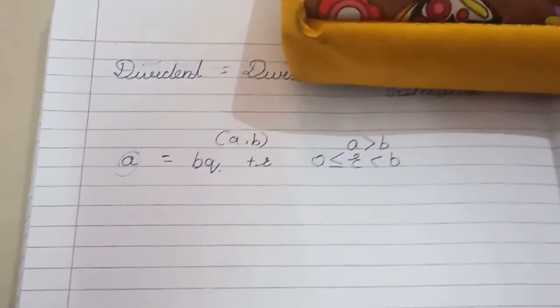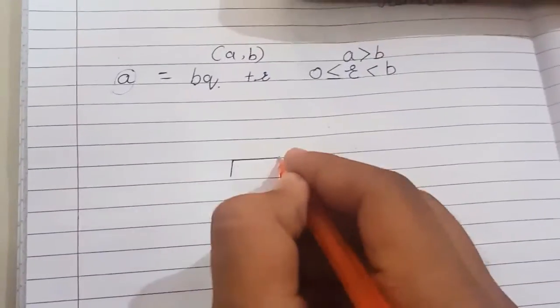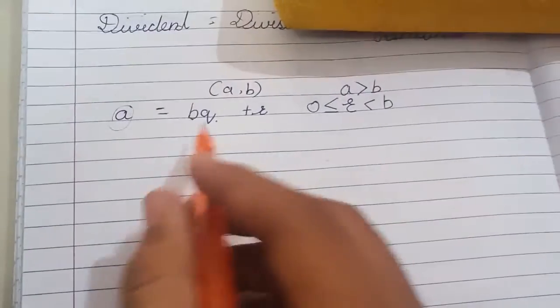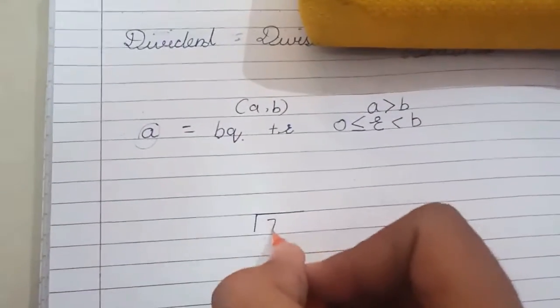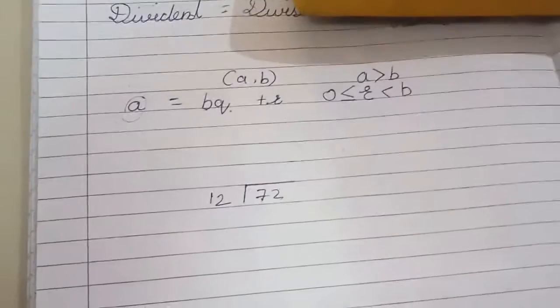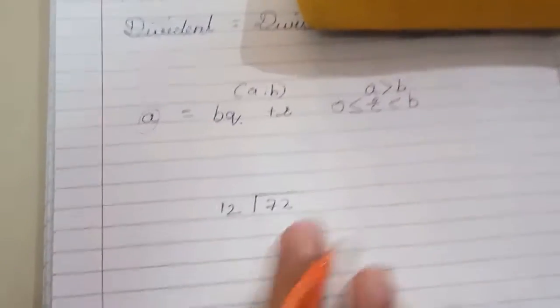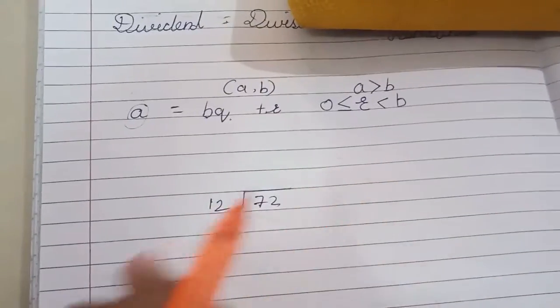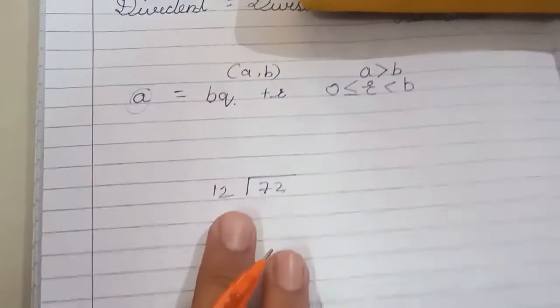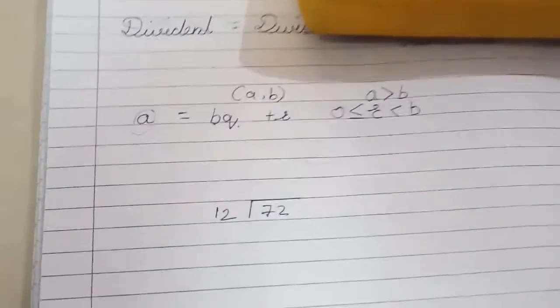Why? I'll show you with a practical example. Now here let's take 72 and 12. You do not have to divide like this in the exam, but I am just showing you the derivation and clearing your concept.